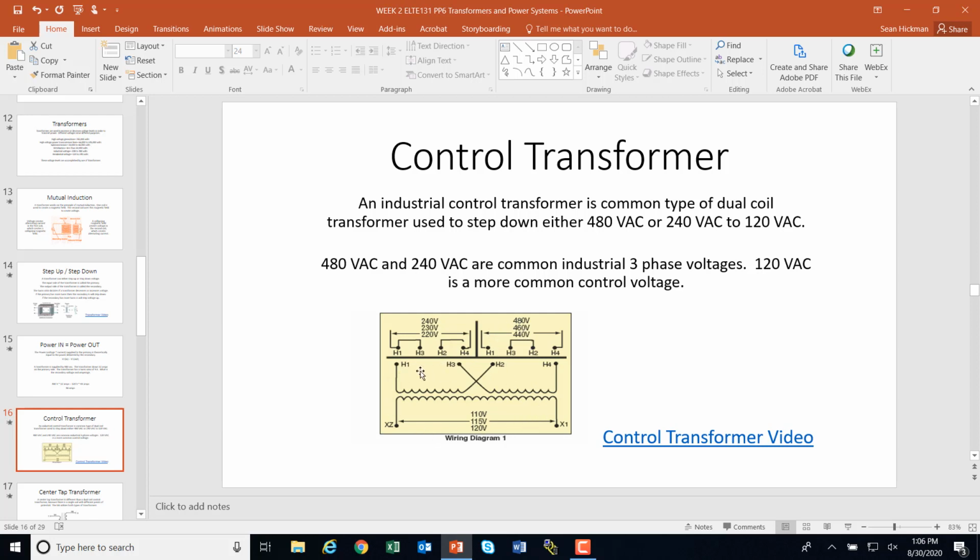If you look at your transformer, you're going to have 4 connection points on the primary, and X1, X2 on the secondary. So how do you make these connections? According to this, at H1 you would plug in a hot wire, and at H4 you would plug in your neutral.